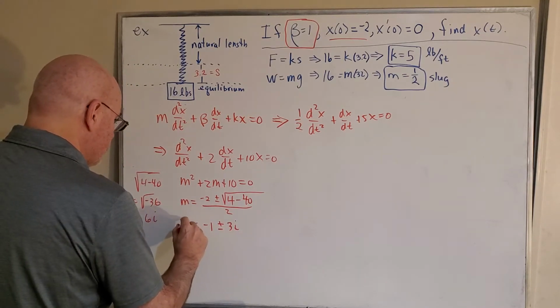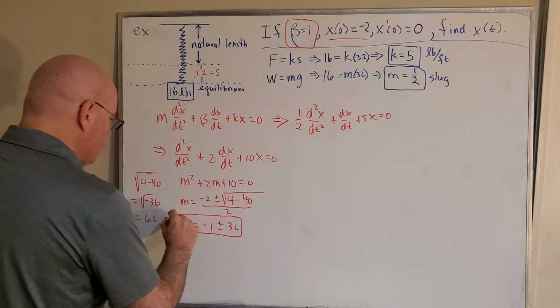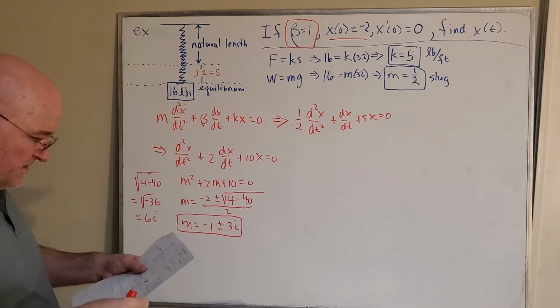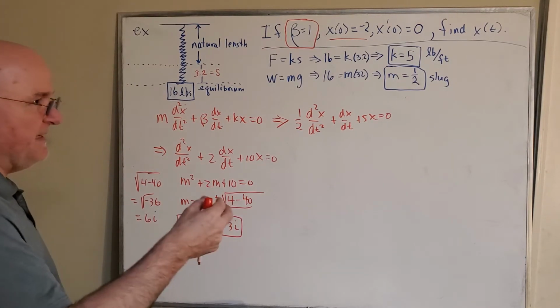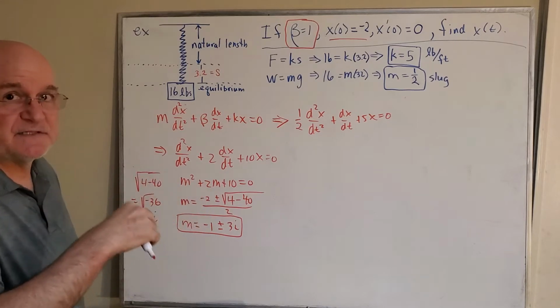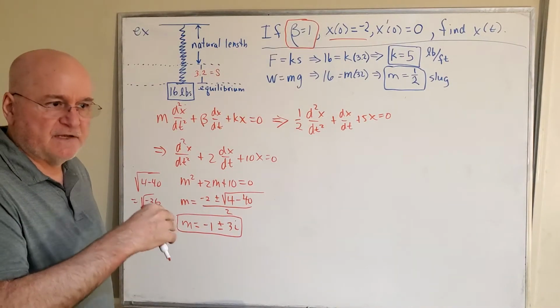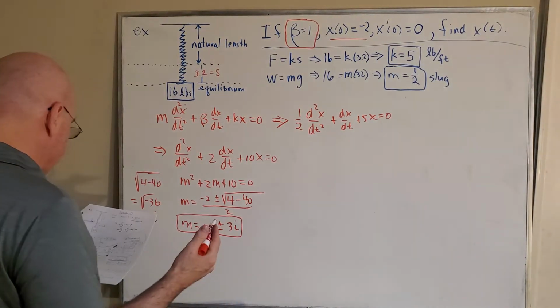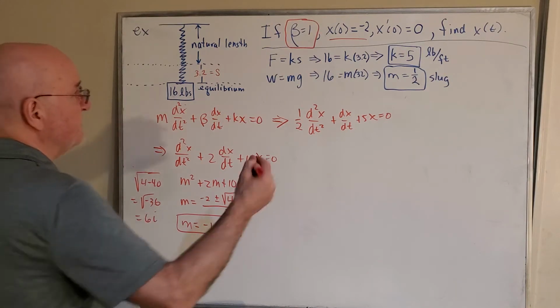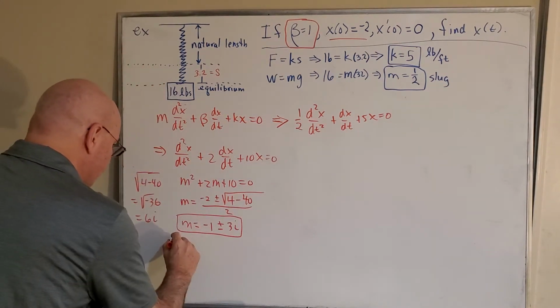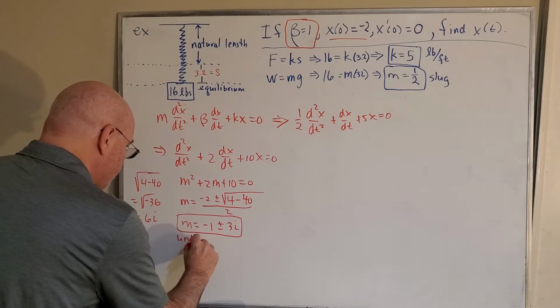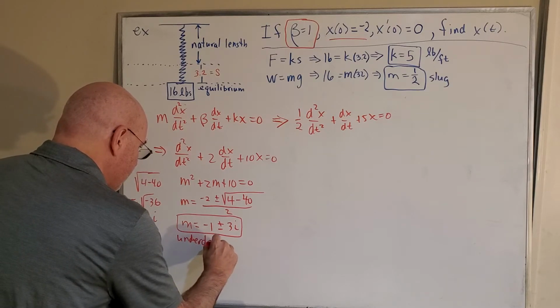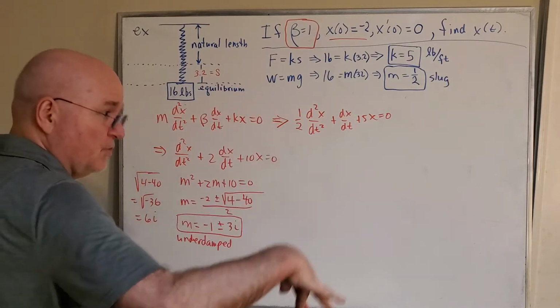So our two solutions are complex. So this is the third case. That would mean that the discriminant was less than 0, giving a negative number under the radical. So this means it's underdamped. I'll just make a note here, underdamped. That means it's going to oscillate quite a bit.